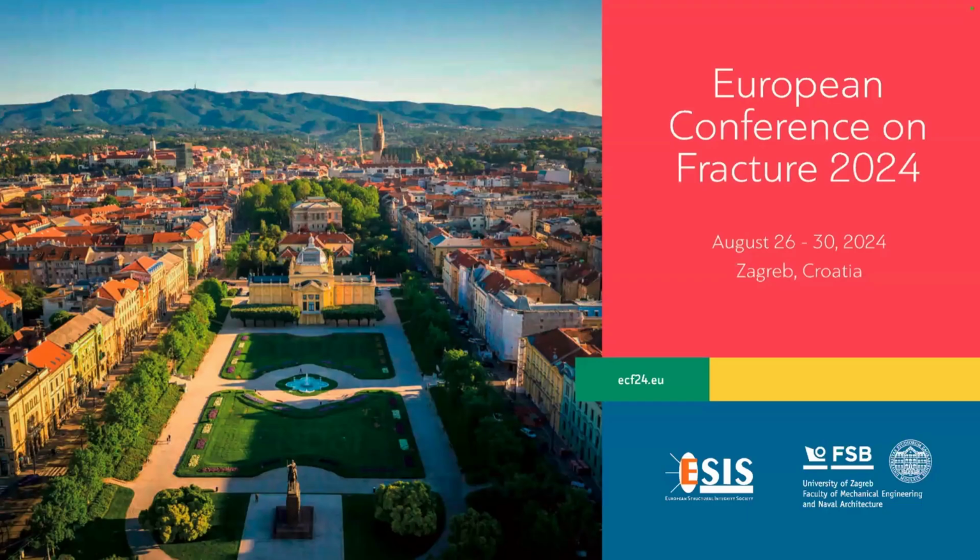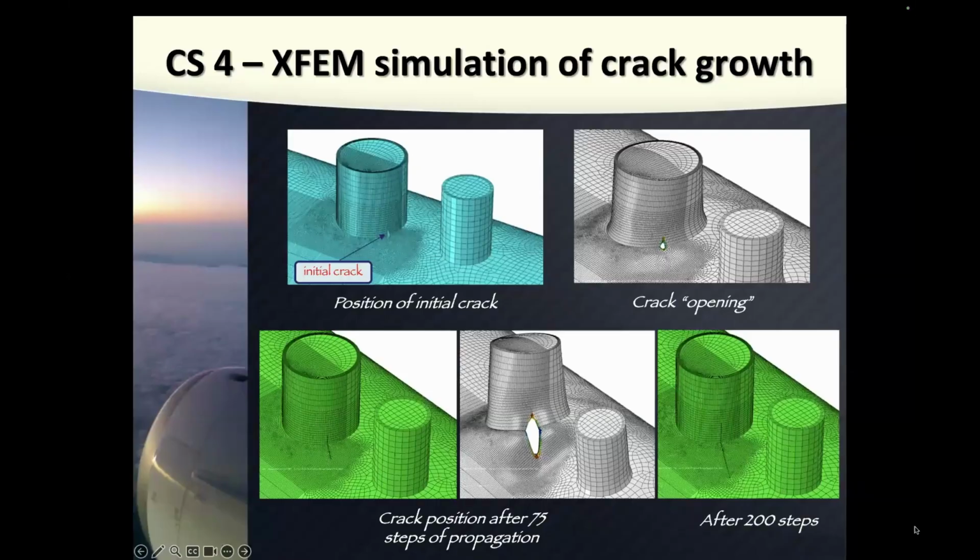Most software uses the same. In fact, you can define any shape you like. But from experience, in 95% of cases it's penny shape. When it starts to grow, it goes in all directions.